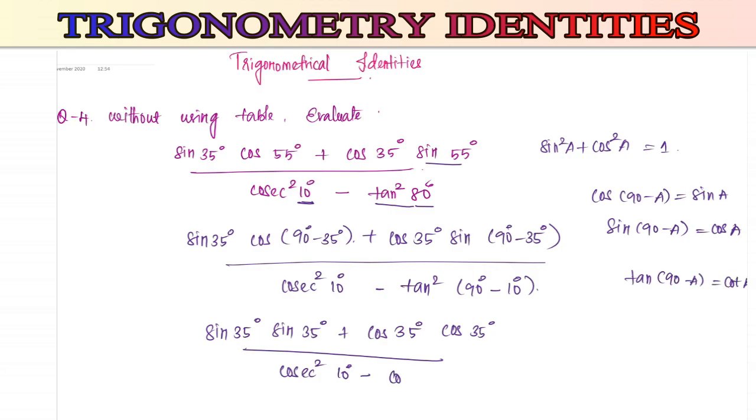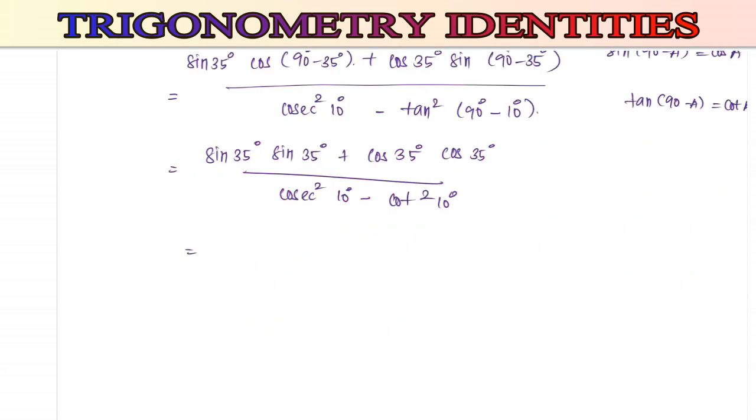So we will get cot square 10 degree. Sin a into sin a, we will get sin square 35 degree plus cos into cos, we will get cos square 35 degree, divided by cosecant square 10 degree minus cot square 10 degree.